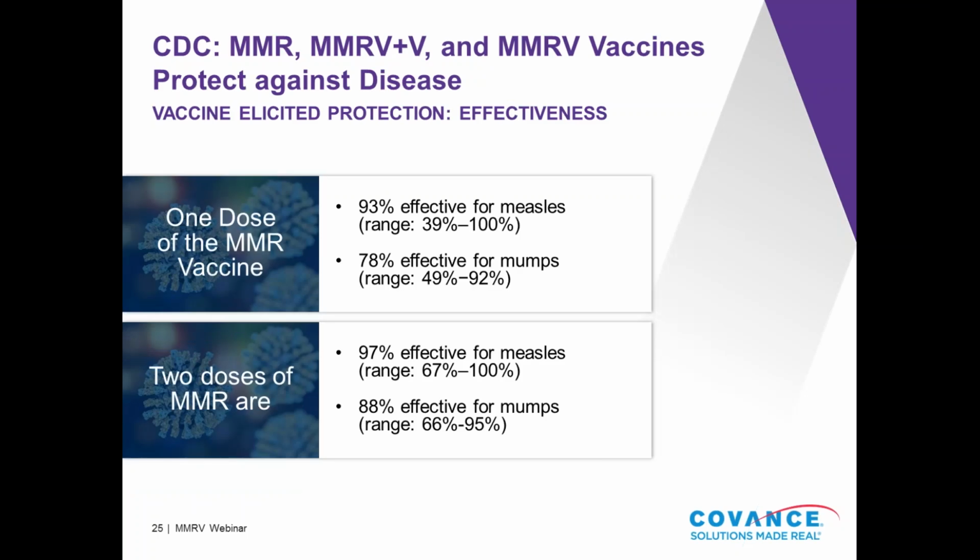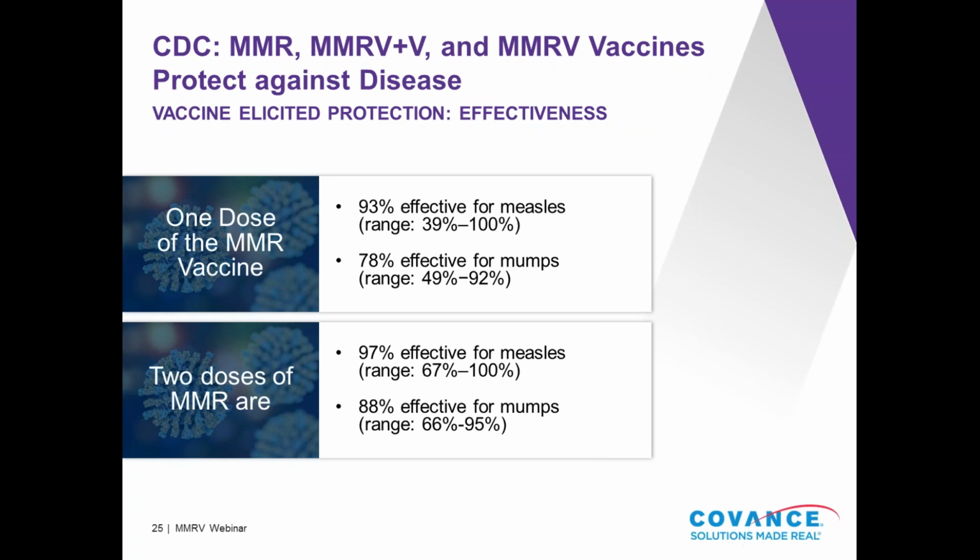A single dose of the MMRV vaccine will confer 93% protection against measles and 78% protection against mumps. Two doses of the vaccine will be 97% effective for measles and 88% effective for mumps.